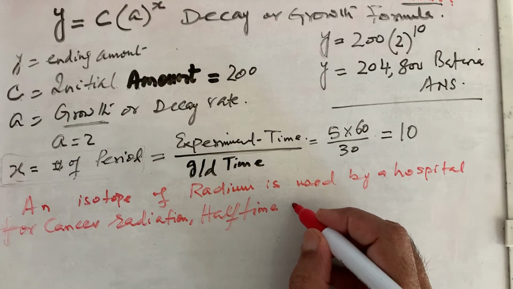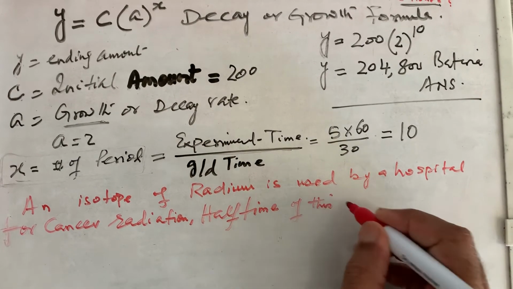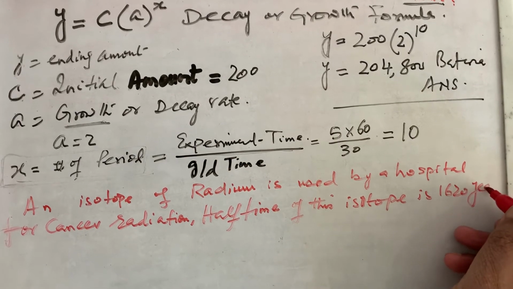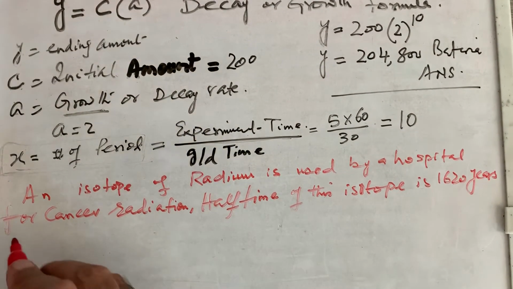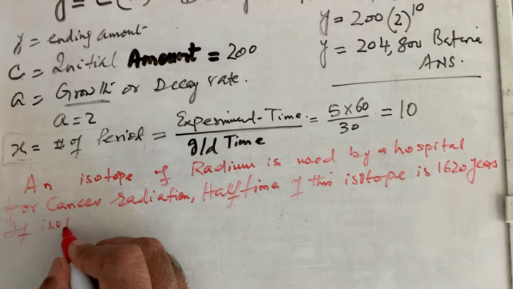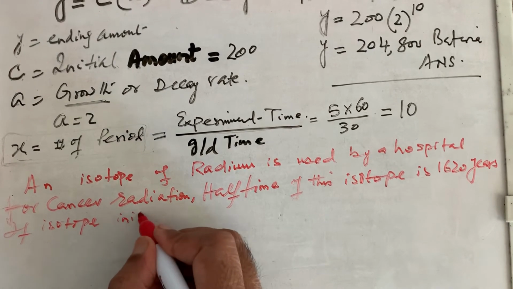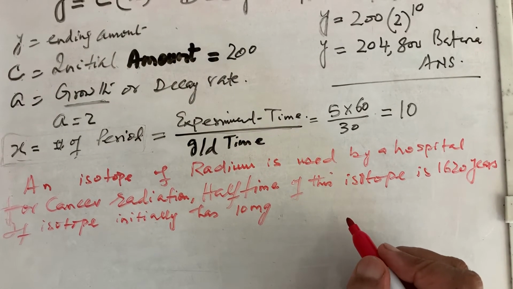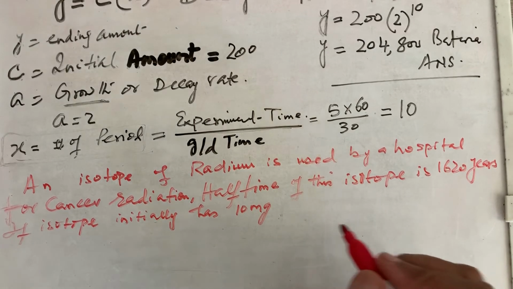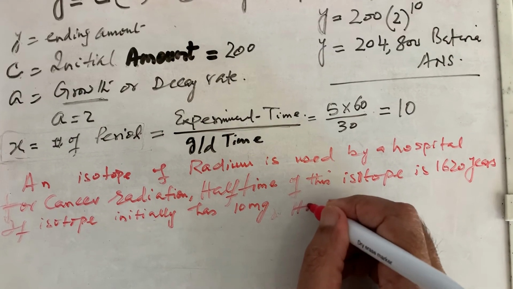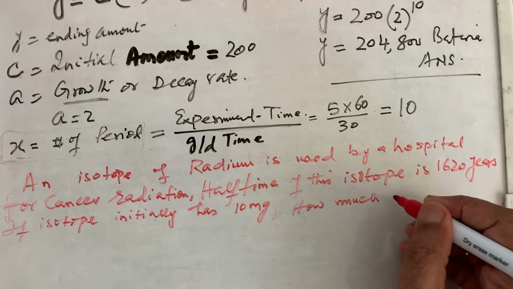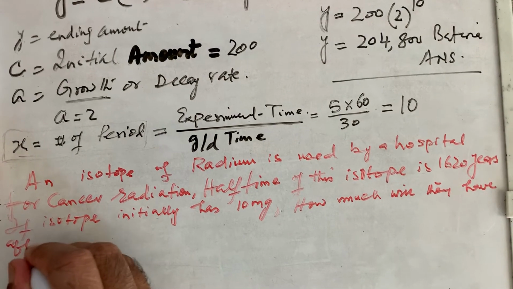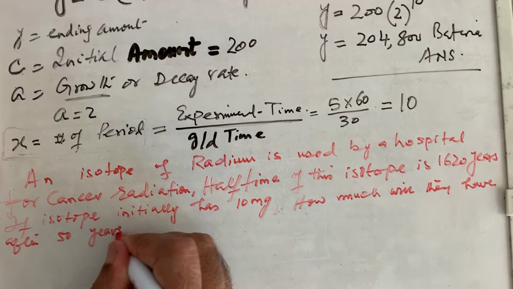If the isotope initially has 10 milligrams, how much will they have after 50 years? So this is the question.